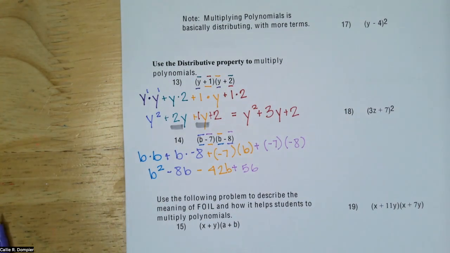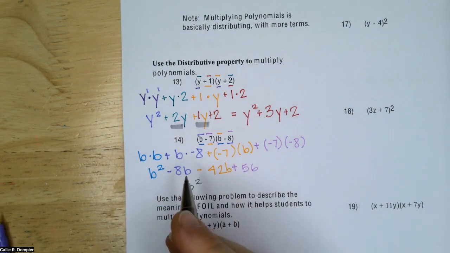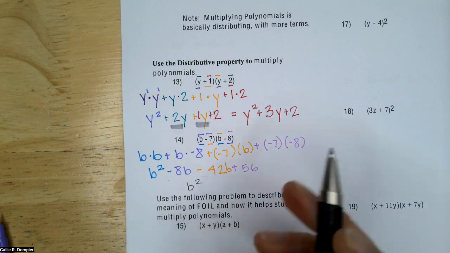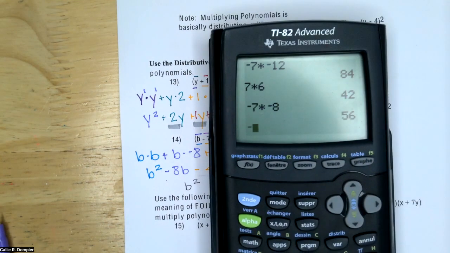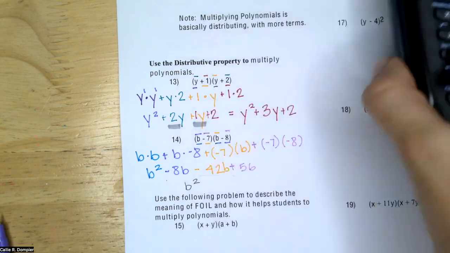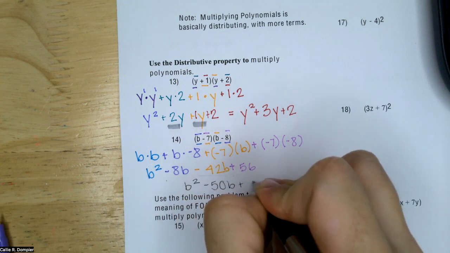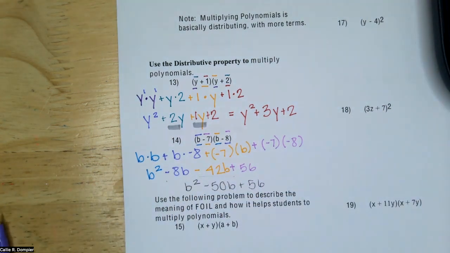I'm making the mistake that is very frustrating. And here we have -7 times -8, 56. So then it has b squared, but -8b and -42b are combinable. So -8 minus 42 is -50. And then there's nothing to combine with the +56. Good?